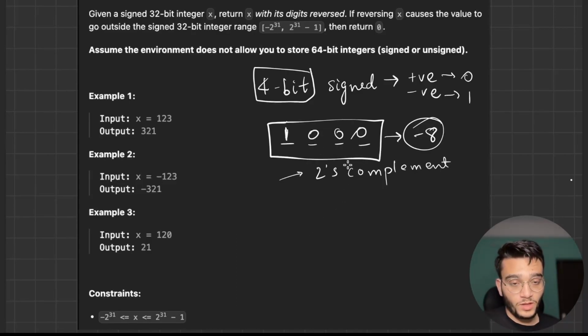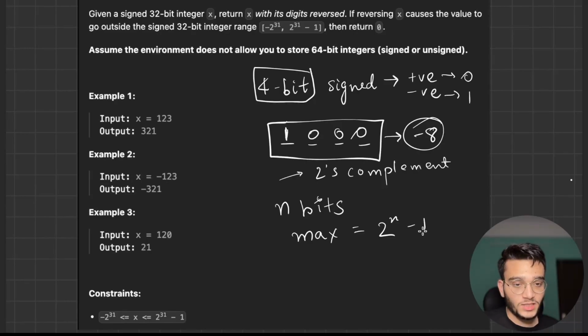So as a rule of thumb, if n bits are being used to represent the magnitude of an integer, then the maximum value is 2 to the power n minus 1, and the minimum value is equal to minus 2 to the power n.